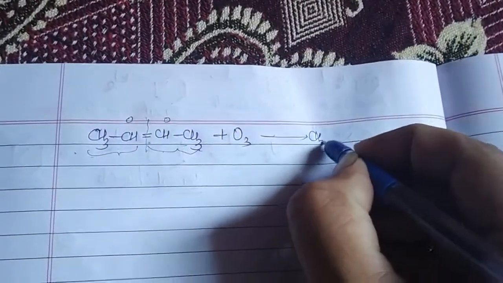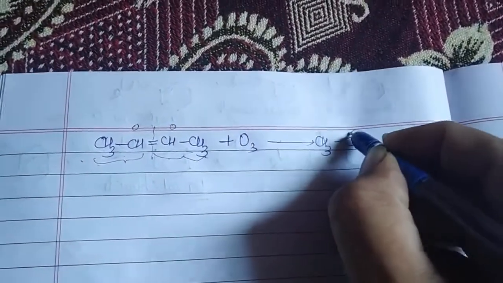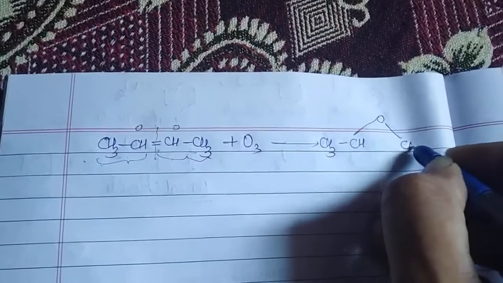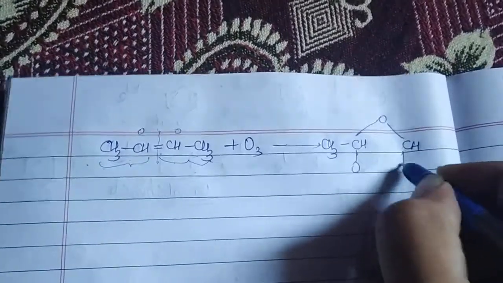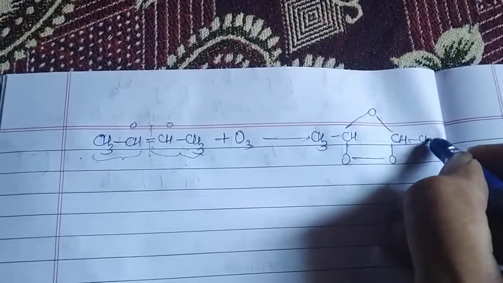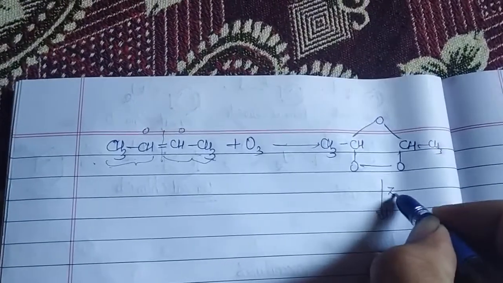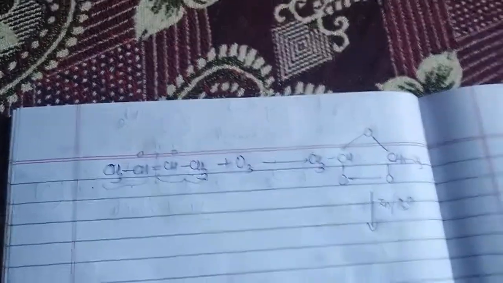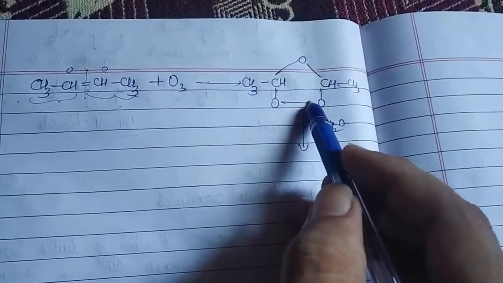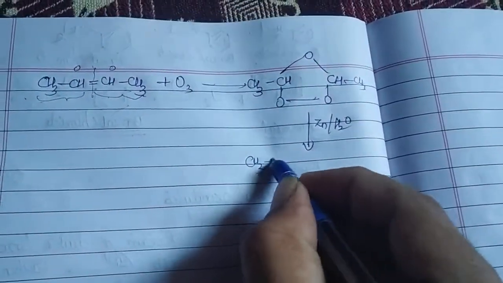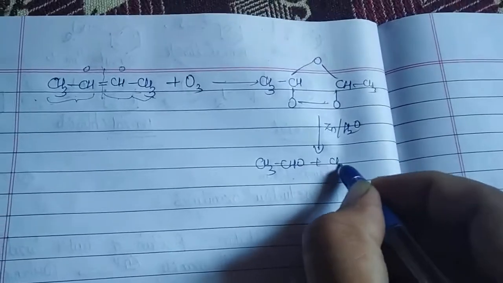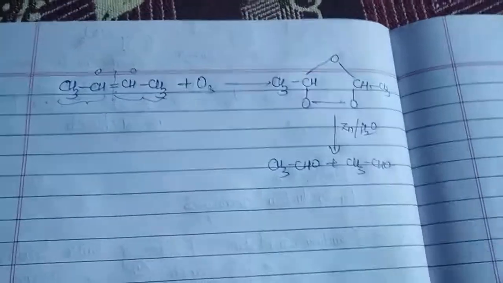If I want to write its ozonoid structure: CH, mark here O, CH, O, O in this way, CH3, which on treating in the presence of zinc in water, what will happen over here? You will get CH3CHO plus CH3CHO. Getting my point?